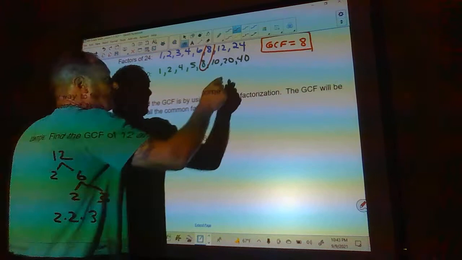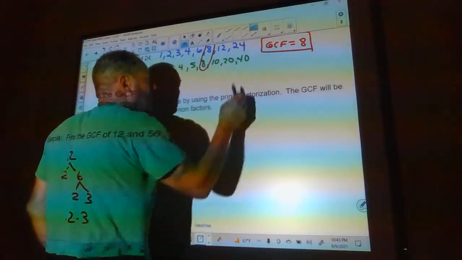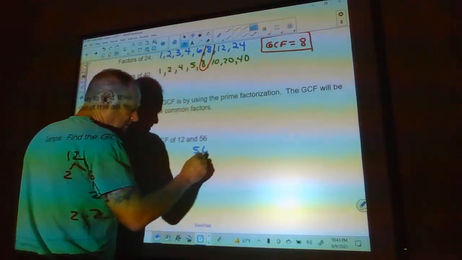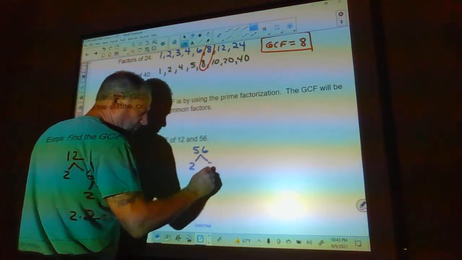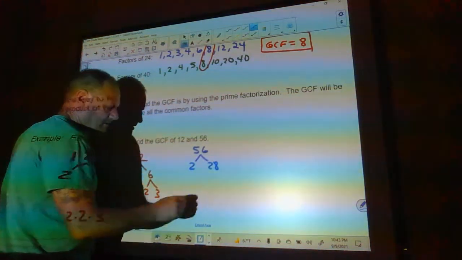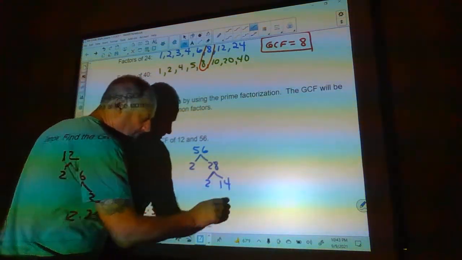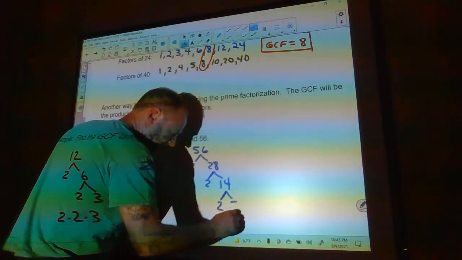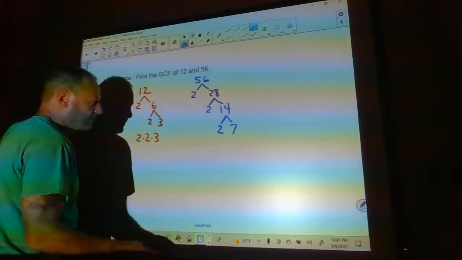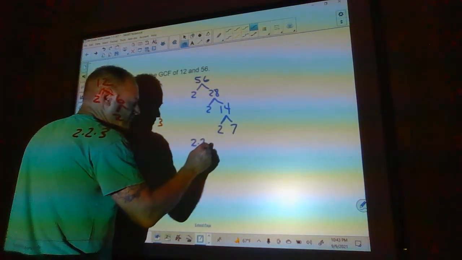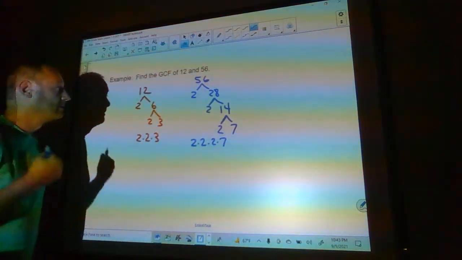Now 56, let's see, that's going to be 2 times 28, and that's going to be 2 times 14, and that's going to be 2 times 7. So the prime factorization is 2 times 2 times 2 times 7.